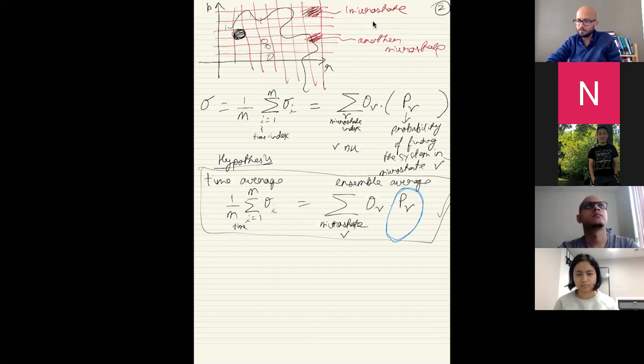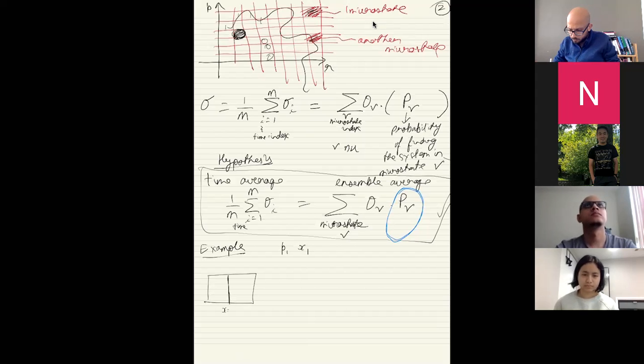Let me give you an example, to get you some intuition into P nu. Let's consider a simple system, just a 1D system with momentum P1 and position X1. Now let's say this system is inside a box where I have put in a hard partition at X equal to 0.